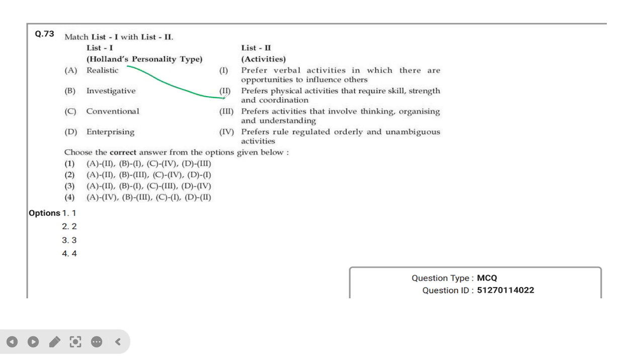A का second. Investigative is prefers activities that involve thinking, organizing, and understanding. Investigate करना यानी कि involve thinking, organizing, and understanding. Then conventional, prefers rule-regulated, orderly, and unambiguous activities. Enterprising is prefer verbal activities in which there are opportunities to influence others. So option 2 is the right option.